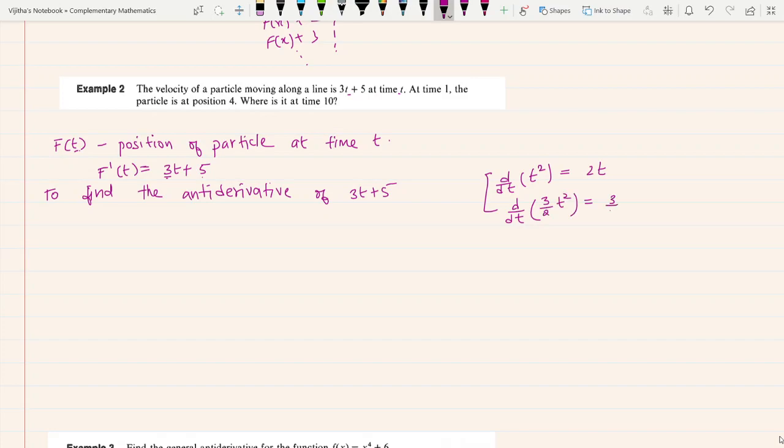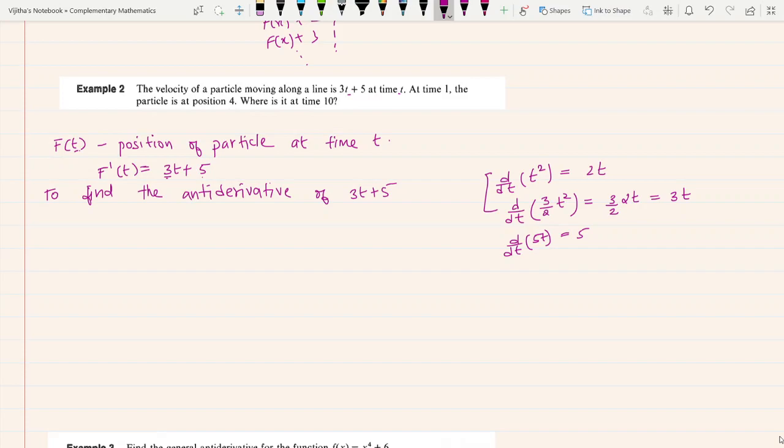It is 3 by 2 into 2t. So 2 will get cancelled, and it is 3t. So the antiderivative of 3t is 3 by 2 t square. And for 5, d by dt of 5t is 5.